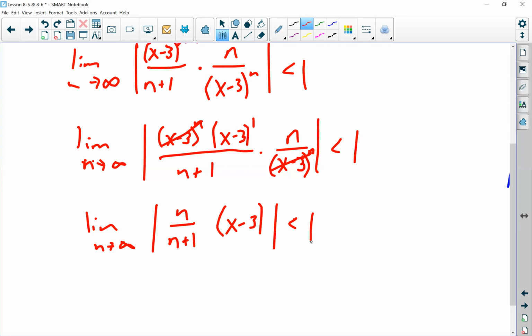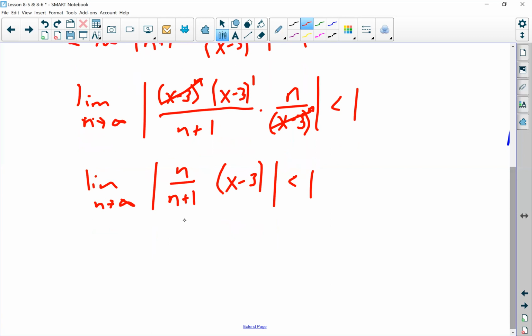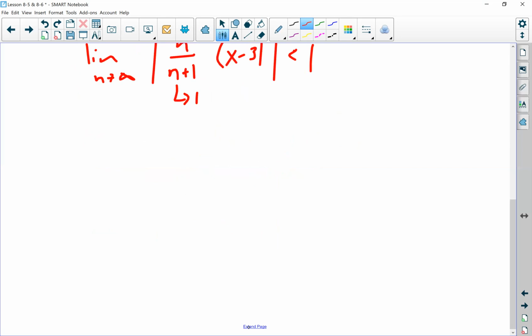How about the derivative of n plus 1? 1. So I have 1 there, right? So as n goes to infinity, this thing here goes to 1. And 1 times x minus 3 is just x minus 3.